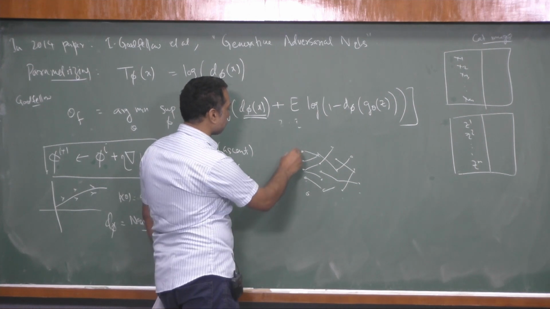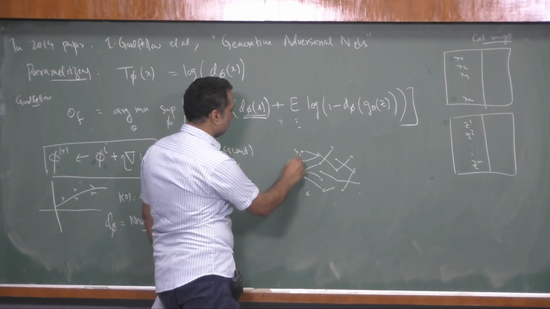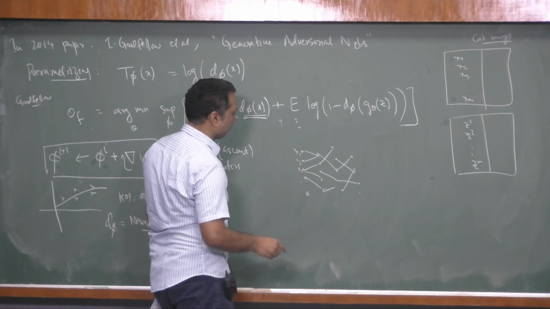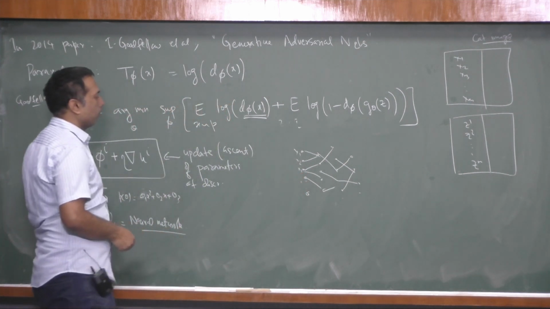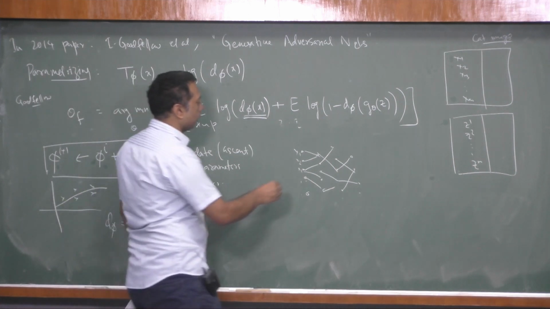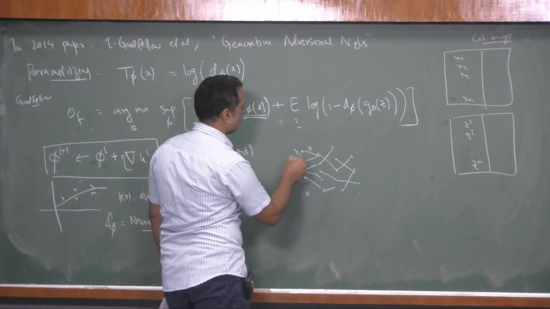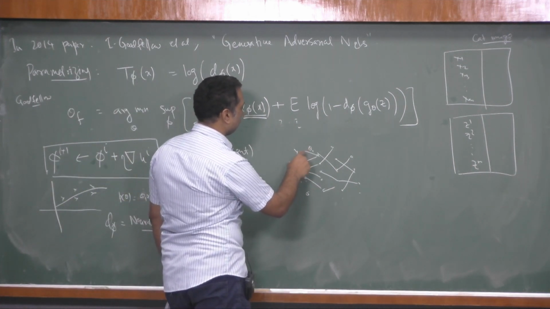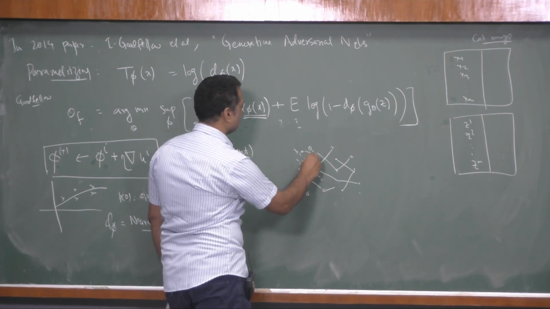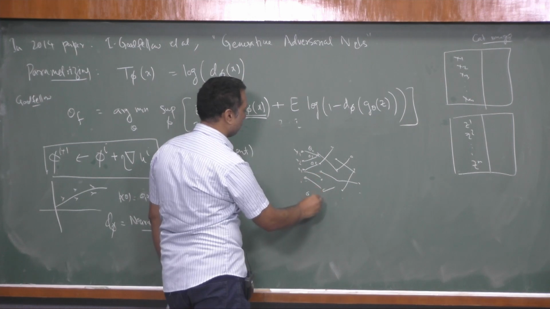So your input goes in, okay. So let us say x1, x2, x3, and so on, and then these inputs are, let us say, multiplied by these weights, okay. So it's theta 1, theta 2, theta 3, and so on, okay.